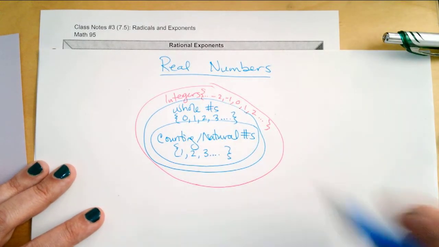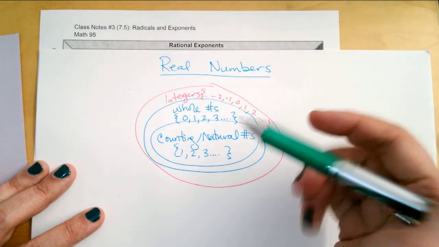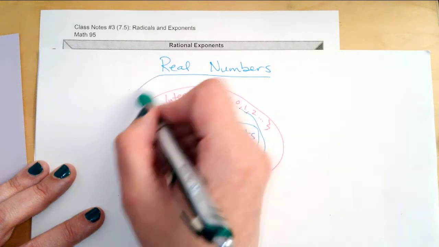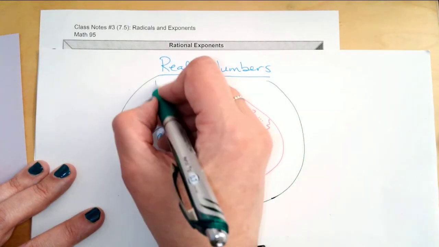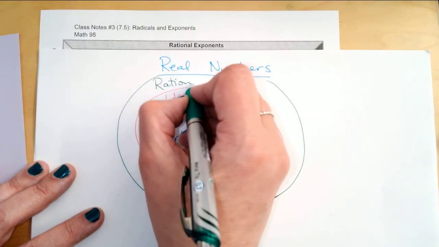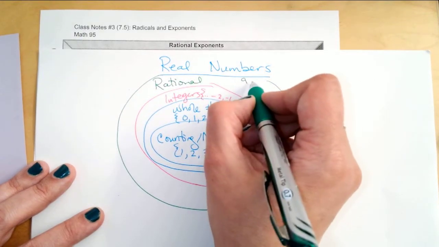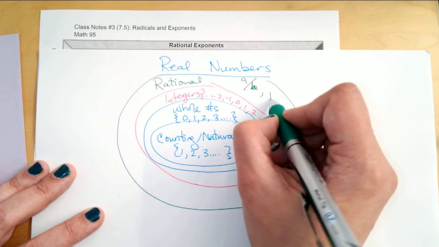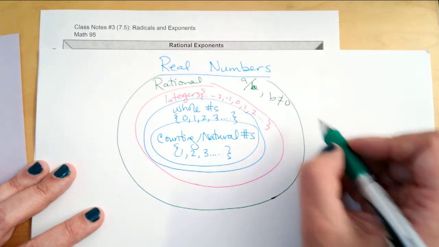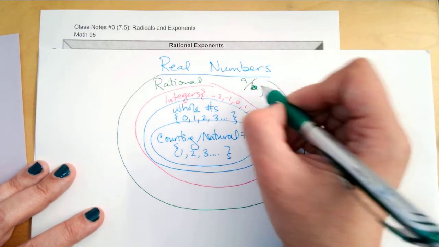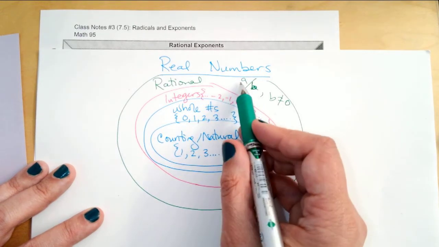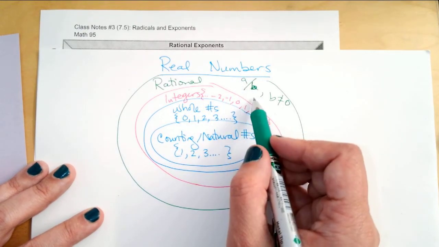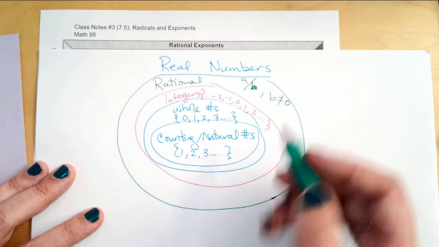And then the next set, which all of these are a member of, are the rationals. The rational numbers can all be written as a fraction, a over b, such that b cannot equal 0, right? So we can't divide by 0, but a and b are integers.